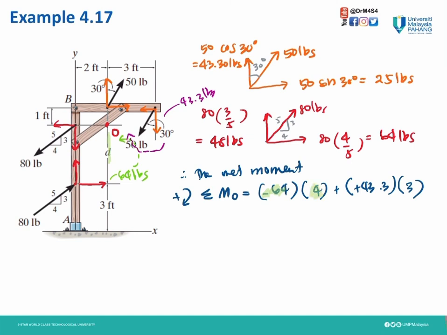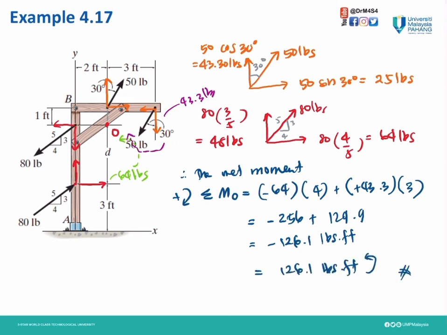Then for the 43.3, clockwise, so positive, the perpendicular distance is 3 feet. So calculate that. We get our moment at O is negative 126.1 pound-feet. So we can write that as 126.1 pound-feet, but the direction is anti-clockwise. So that is the answer for our net moment.